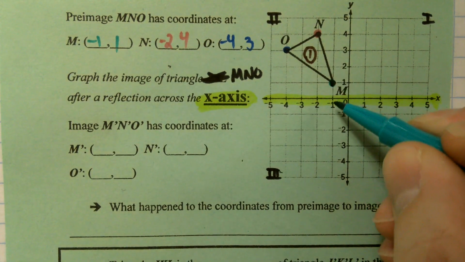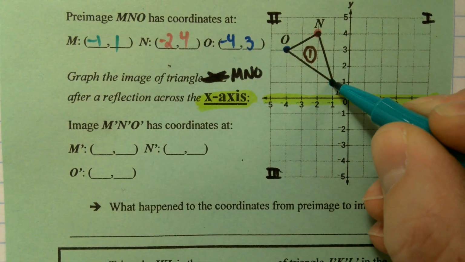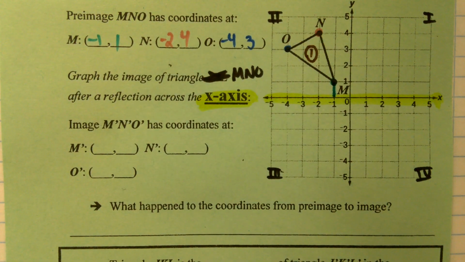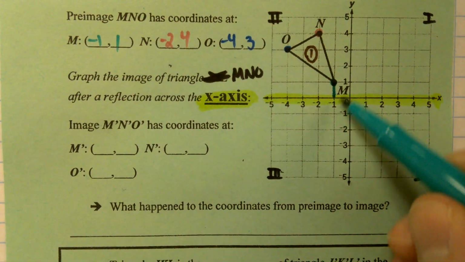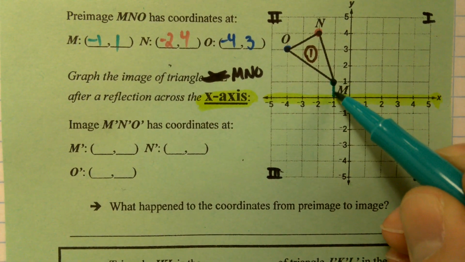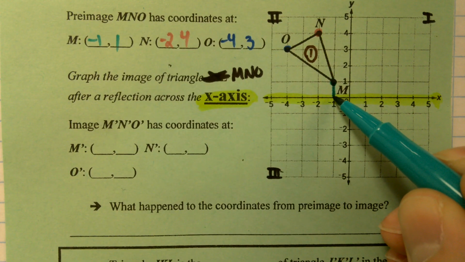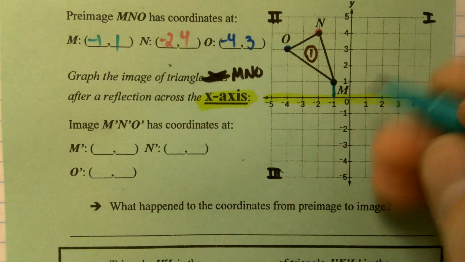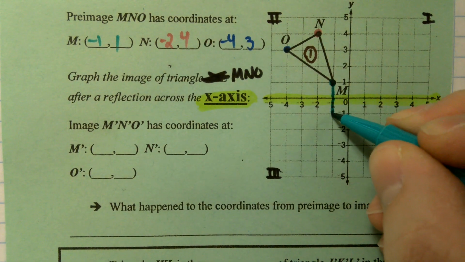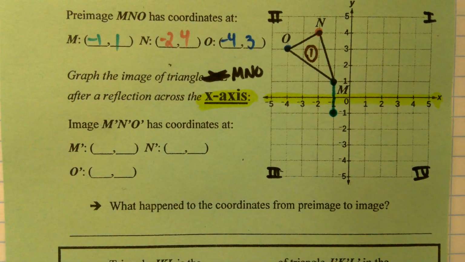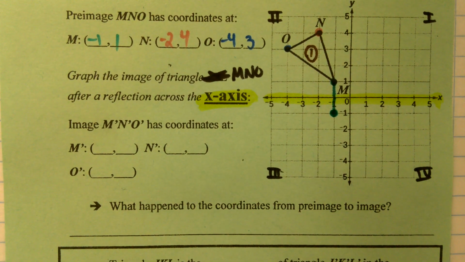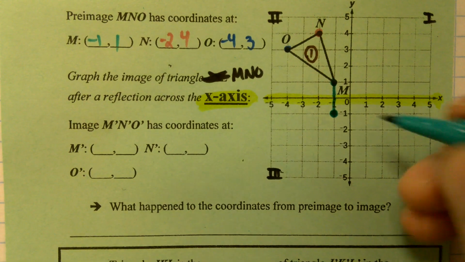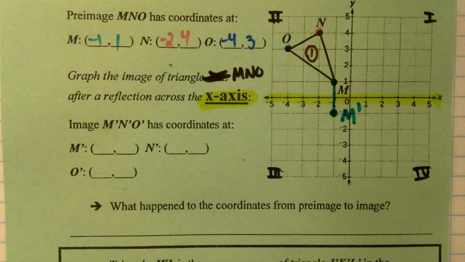Well, if I count from this point to this line, how many boxes away is it? 1. All right? So point M is 1 space away from my line of reflection, which means my image point M prime is also going to be 1 square away. I'm going to call that M prime.